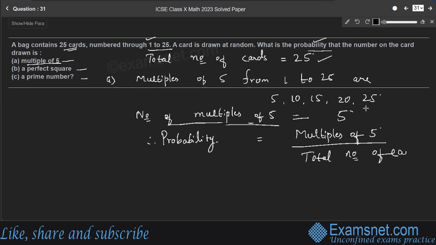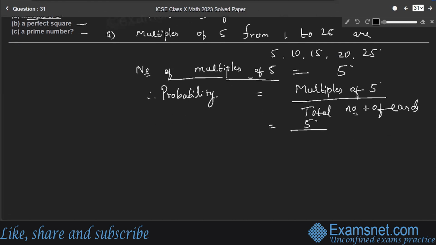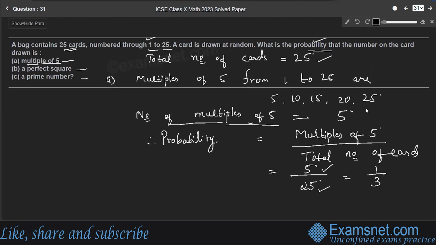There are 5 multiples of 5 and 25 cards, so out of 25 cards, 5 are multiples of 5. Therefore, 1 by 5 is the probability, that is, out of 5 cards, 1 will be a multiple of 5.